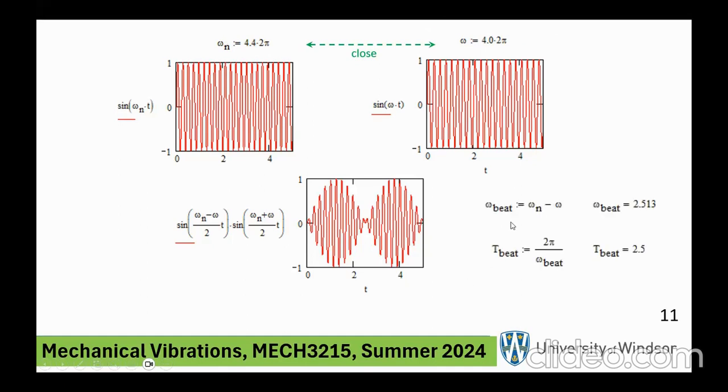Obviously, if you want to find the period of the beat, you just take 2 pi divided by omega beat. You're going to get 2.5, and you can see that. Look, 2.5, 2.5. There we are.